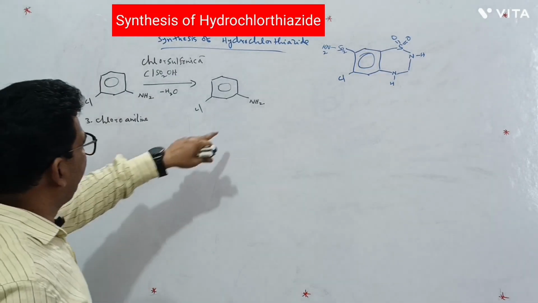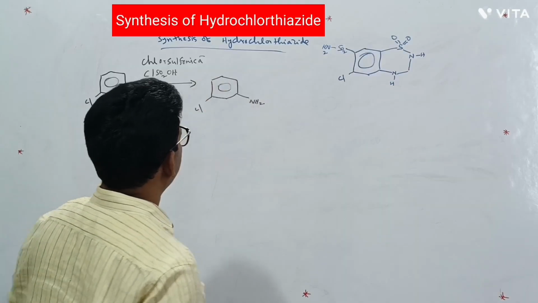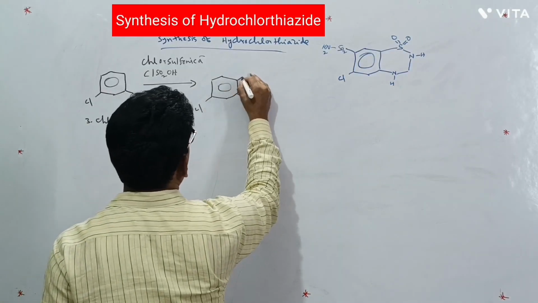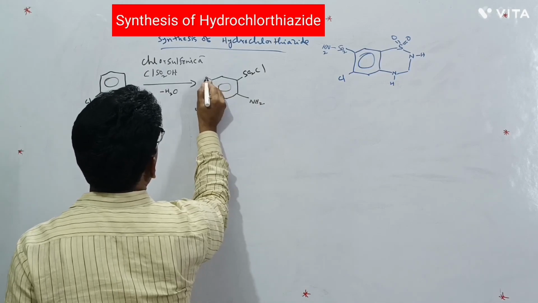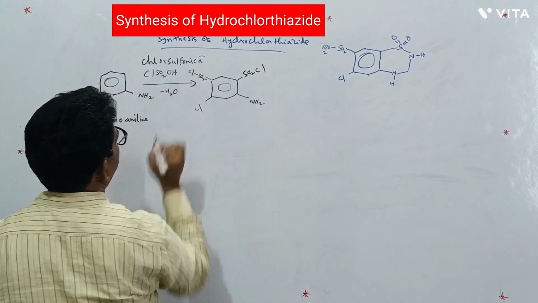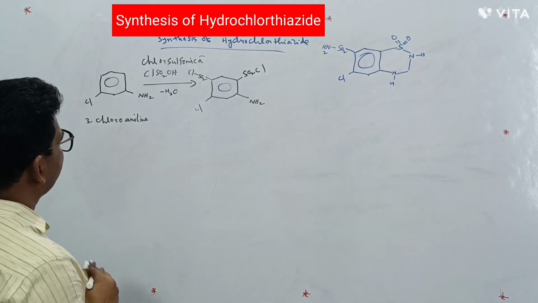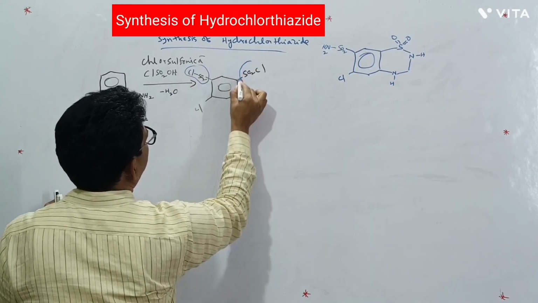That's why the empty positions are these two, because these two are the free positions. That's why here one sulfonyl chloride and here one sulfonyl chloride, that is SO2Cl. The sulfonyl chloride group is introduced here one and here one.